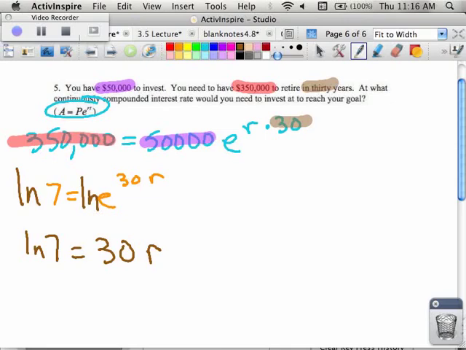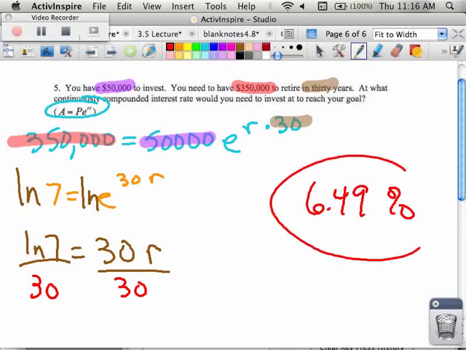In order to solve that, I'm going to divide both sides by whatever's in front of the r. So I divide by 30. And I get the natural log of 7 divided by that. So I end up with 6.49% as my interest rate. And this is the last problem that's very similar to the previous one. The big idea is whenever you see a variable in the exponent, you need to log both sides.